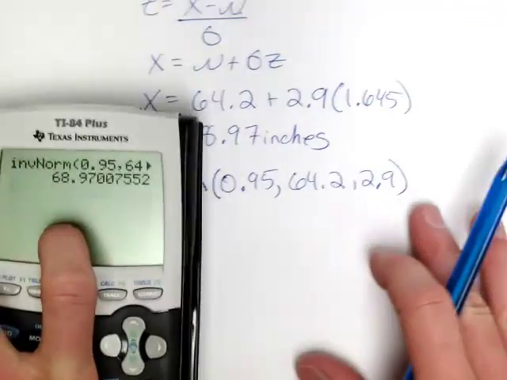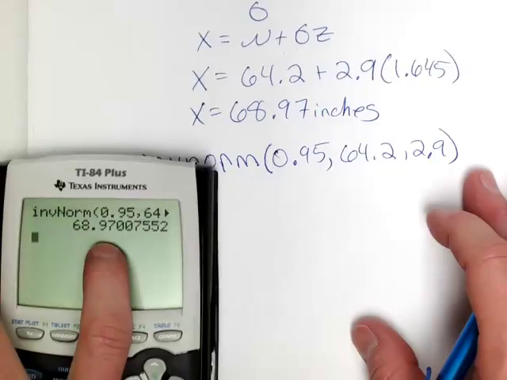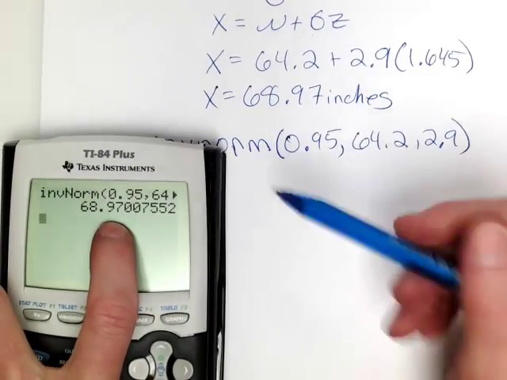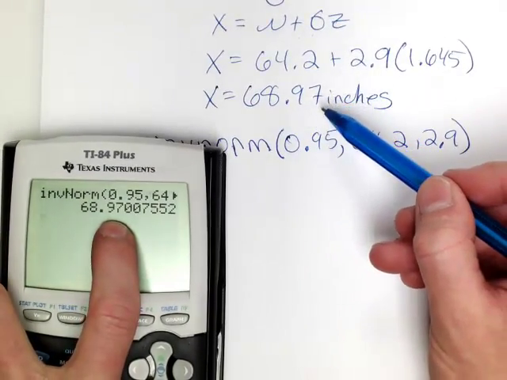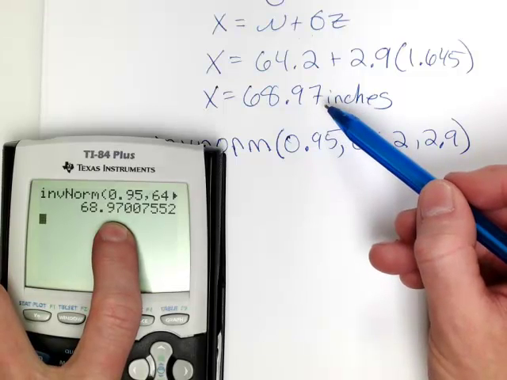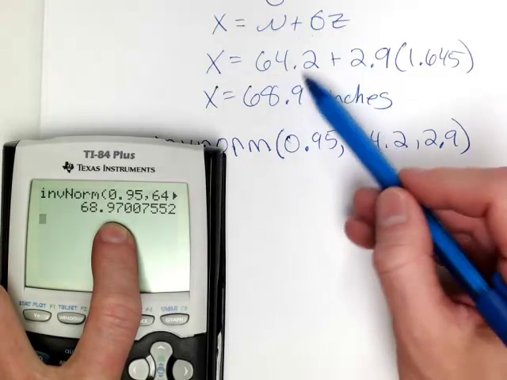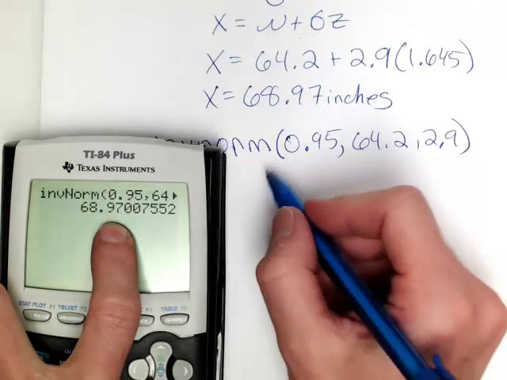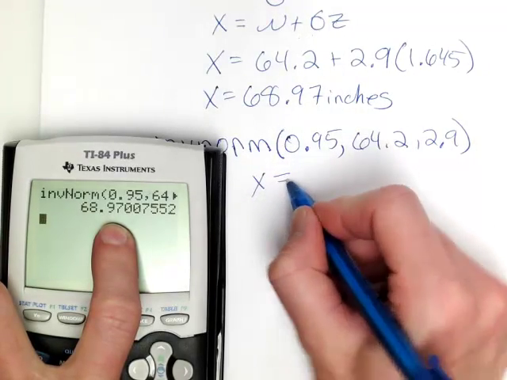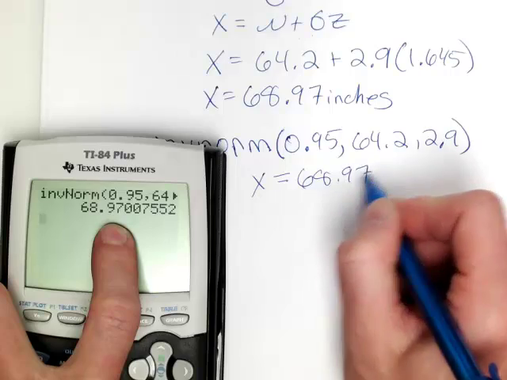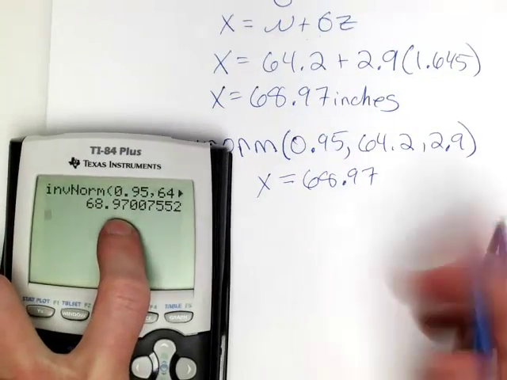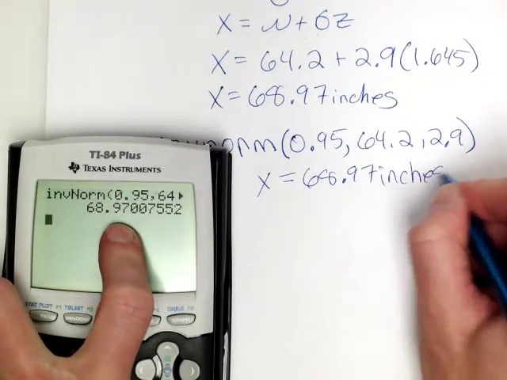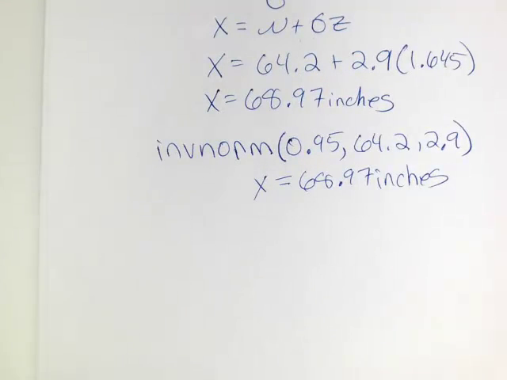The answer that the calculator returns is very close to what we got when we approximated that z-score using the standard normal table, and then unstandardized it. So again, x is approximately 68.97 inches. You can round to however many decimal places you need for your problem. I hope that helps you understand how to use the inverse normal function to answer questions.